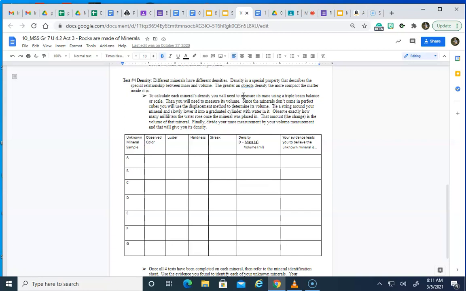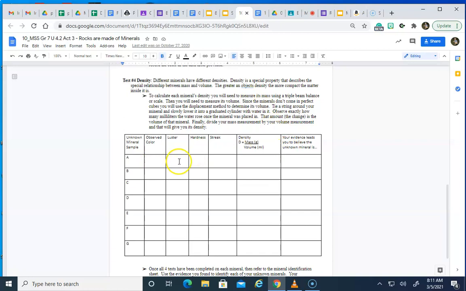I would highly recommend using water displacement to do so. I would not recommend trying to measure because most of them are irregular shaped objects. So you're going to determine the volume, and then you are going to measure the mass using a scale.